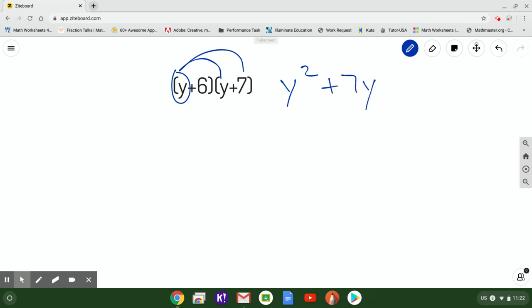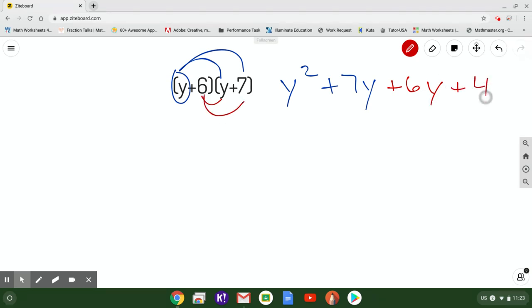Then you move on to distributing the 6. So the 6 now gets distributed to the y, which is 6y. And the 6 gets distributed to the 7, which is 42.